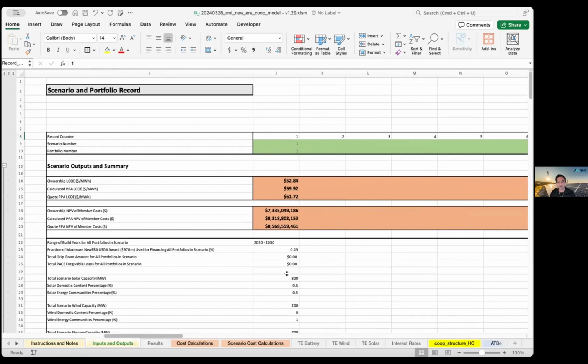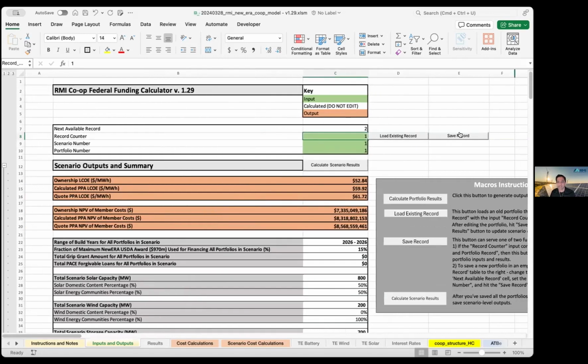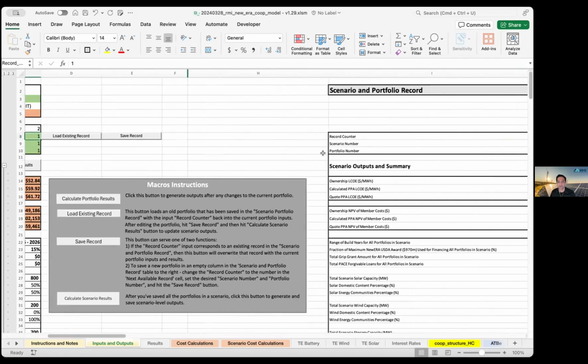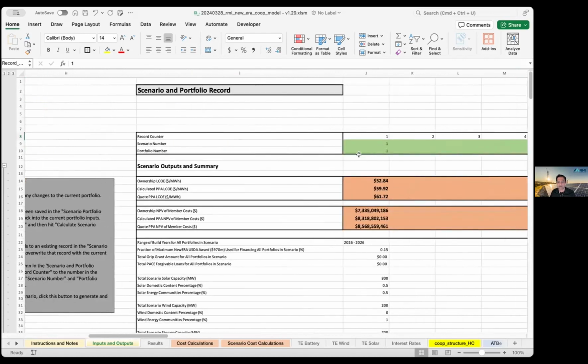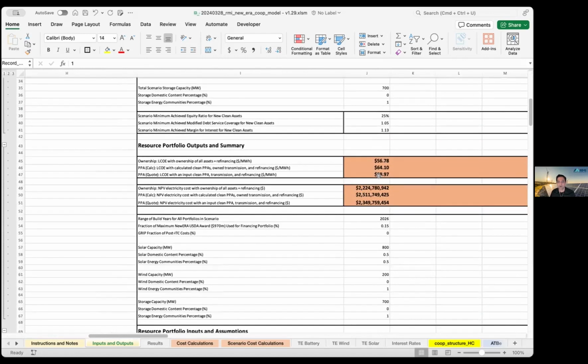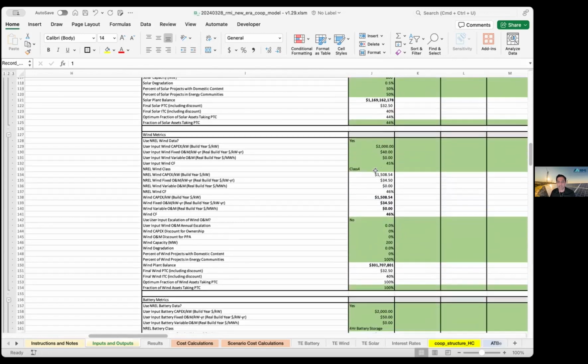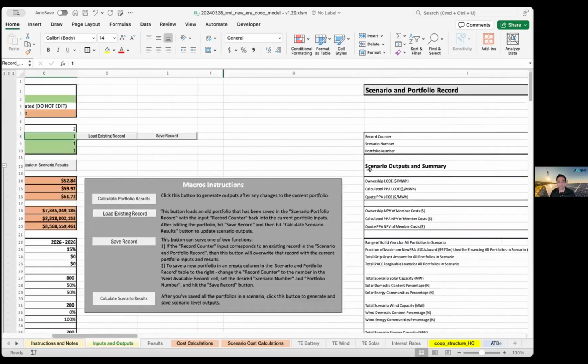But this is where each portfolio that you choose to record is saved. So let's first save this particular record by hitting the Save Record button. This records it in the first record counter, so all of the inputs and most of the portfolio outputs are saved in this first column.